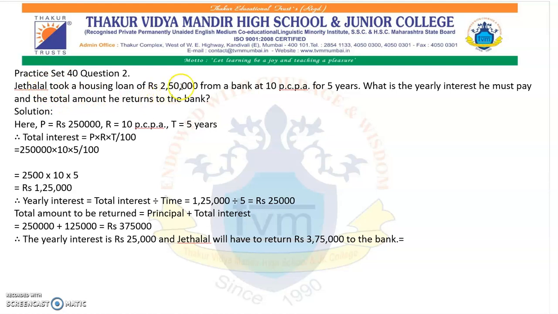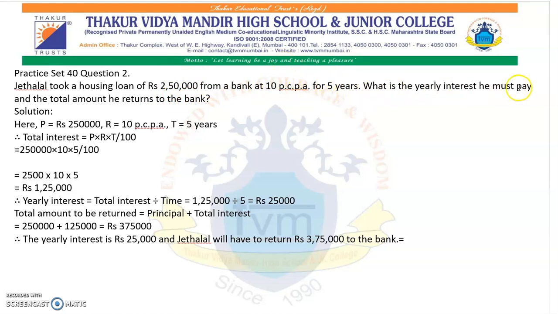Now let us see the next question. Jethalal took a housing loan of rupees 2,50,000 from a bank at 10% per annum for 5 years. When we are reading this question, by reading only you can understand how much money he is taking: 2,50,000. This is the principal, this is the rate of interest, and 5 is the time in years.